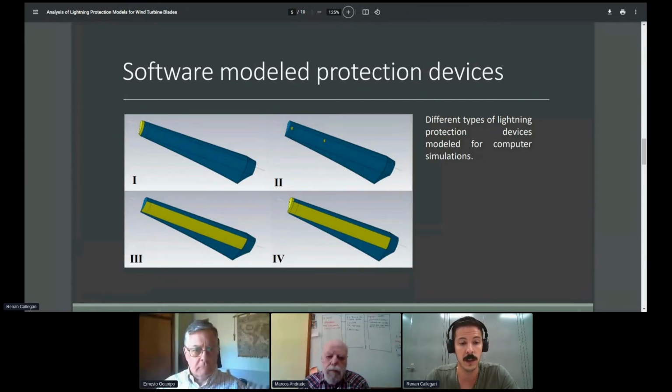Model 3 is a metallic mesh, which consists of a strip of the blade body covered with a thin layer of copper. And Model 4 consists of a joint of models 1 and 3. The blade was considered homogeneous and made of carbon fiber.